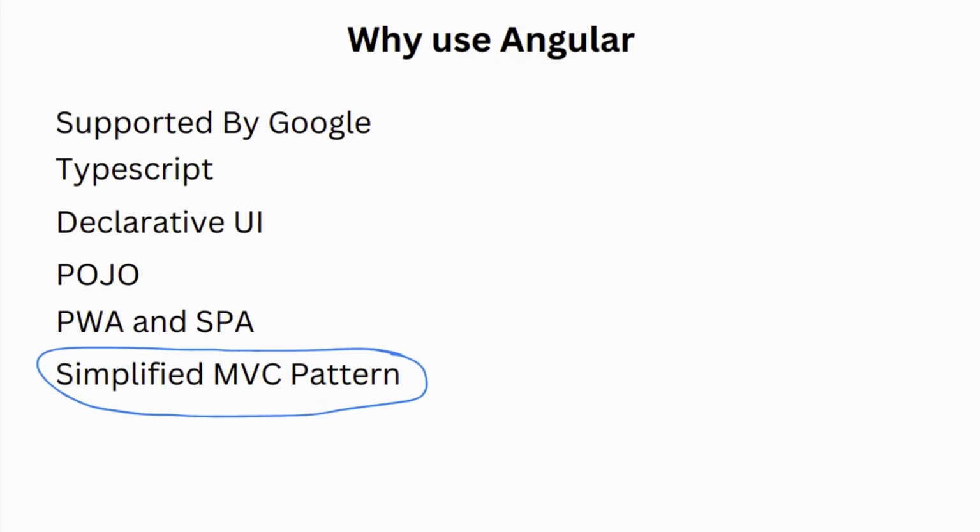Angular and MVVM design structures are quite similar. Angular ensures easy development as it eliminates the need for unnecessary code. It has a simplified MVC architecture which makes writing getters and setters needless.